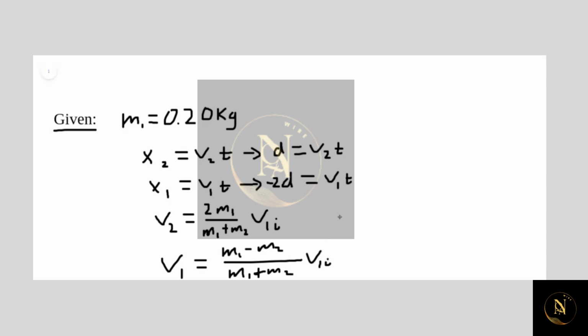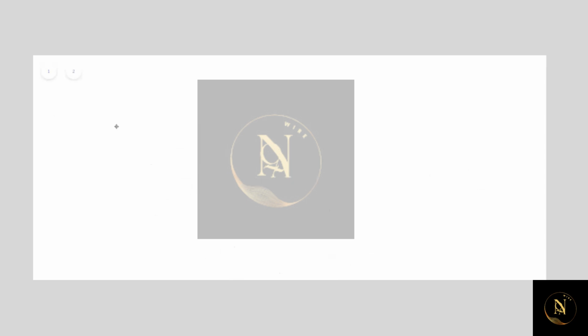So we're going to take the ratio of this equation to this equation, since we also know that v2 is equal to d over t, and v1 is equal to minus 2d over t. So we'll do this on the next page.